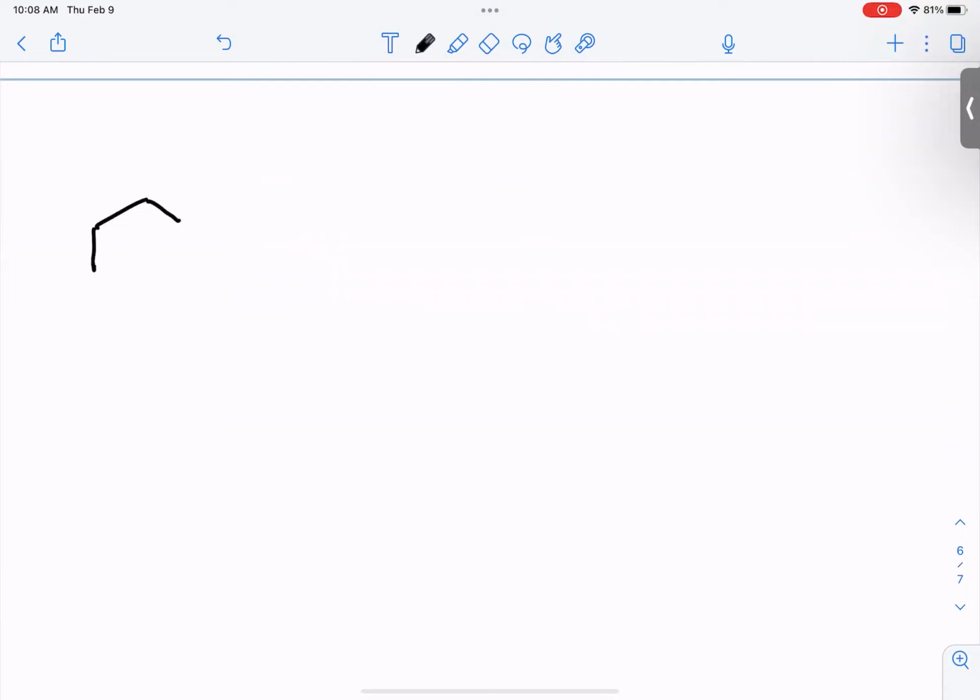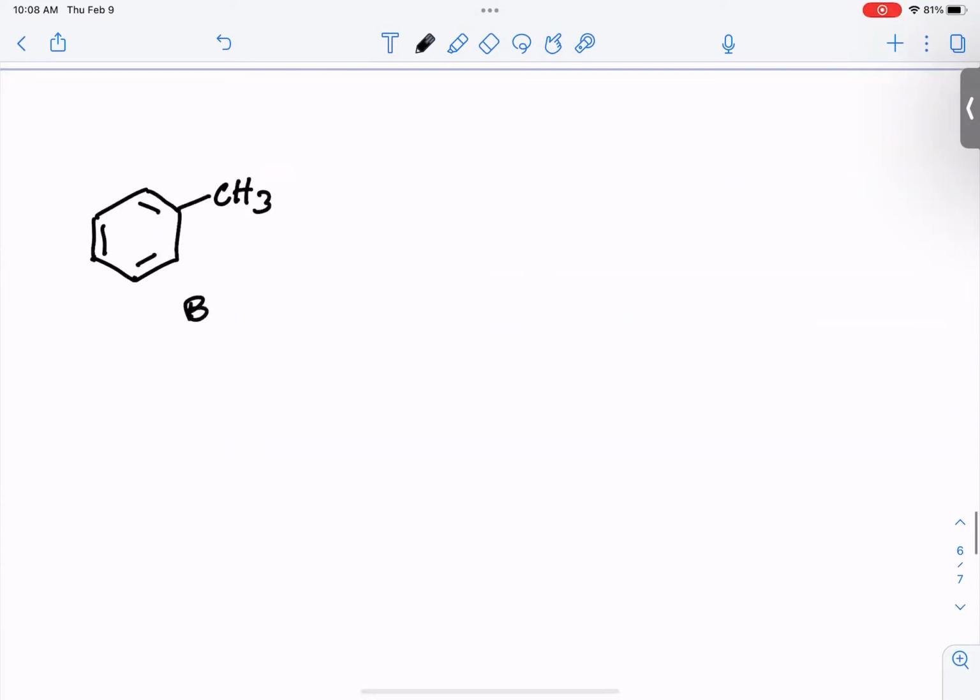So here's my ring. Here's my electrophile. I'm going to do the ortho one first. This is a mechanism, again, you need to know. So the pi electrons go after the bromine.